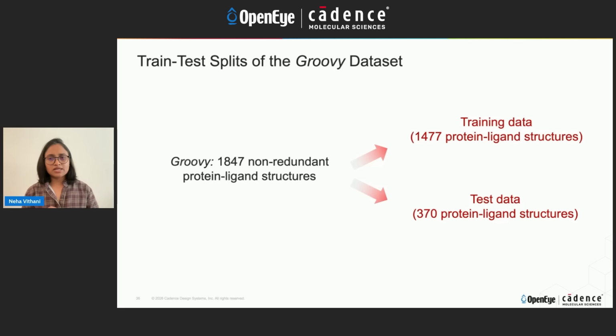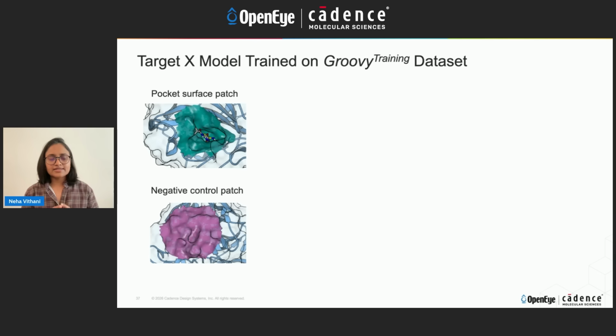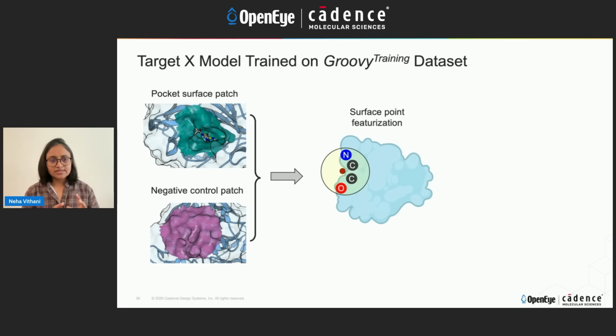The GROOVY dataset was split into training and test sets to ensure that there is no data leakage between the two. We take the training dataset, and from each protein-ligand structure present in the training set, we create a pocket surface patch and a negative control patch. Vertex points present on these patches were featurized based on their geometric and physicochemical features, which also takes their neighborhood and environment into consideration.